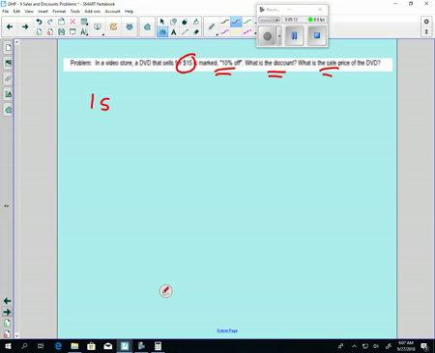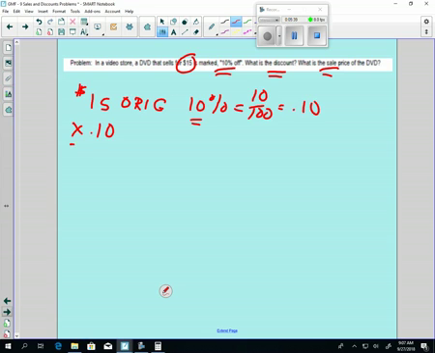Well, $15 is the original amount, and 10% is the marked down. We changed this, first of all, into a decimal. So that's 10 over 100, 0.10. So in order to find out how much we're going to discount it, multiply it by our 10%, 0.10, and we get $1.50. So $1.50 is the discount.